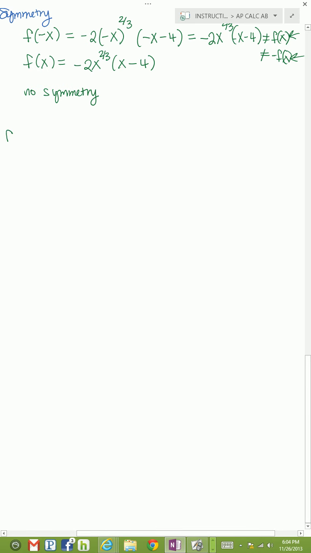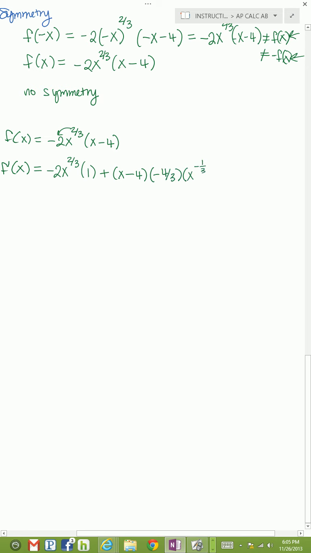So now, given my f of x function, negative 2 x to the 2/3 times x minus 4, I am going to find its derivative and analyze it. So leave the first one alone, multiply by the derivative of the second, plus the second function multiplied by the derivative of the first. I multiply this power right here and get negative 4/3, and then x to the negative 1/3.